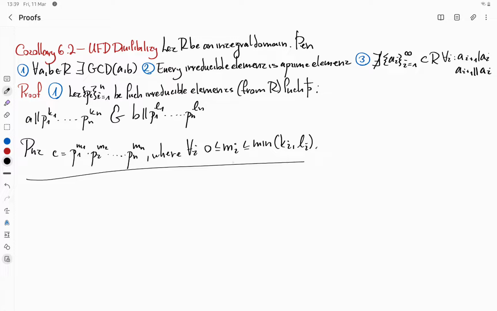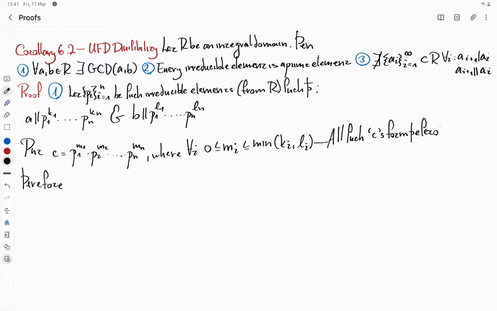Now this gives us the set of all common divisors of a and b, because if there was even one p whose exponent wouldn't follow this rule, then it would automatically fail to divide at least either a or b. Therefore, all such c's form the set of all common divisors.